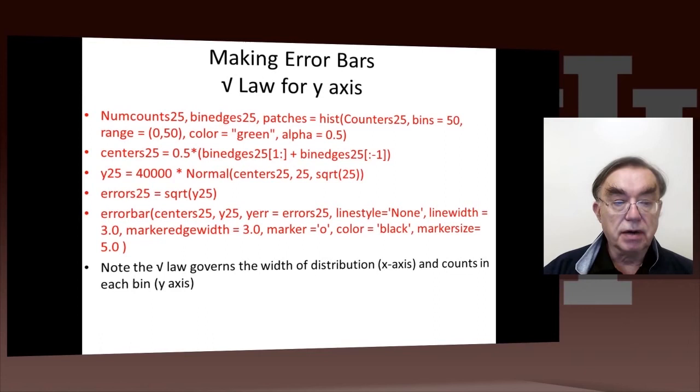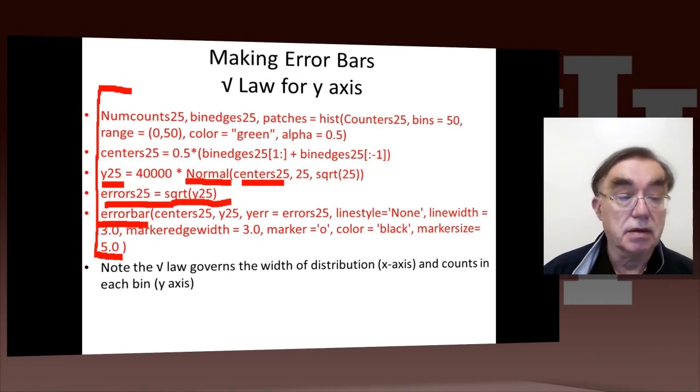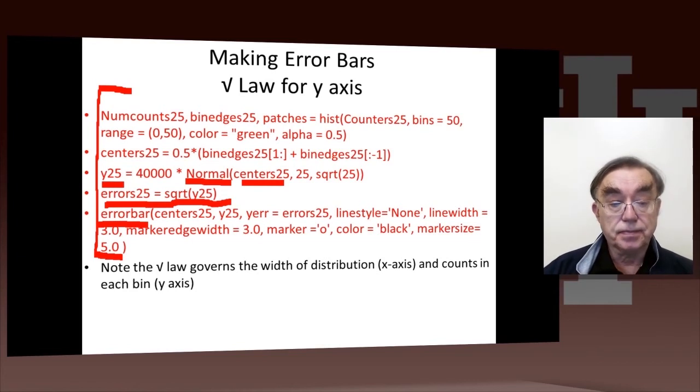This just describes how I produce those error bars using matplotlib and the matplotlib command errorbar. We already showed how we got the red curve, which is y25, the normal distribution times the number of events at the bin centers, and here are the error bars, errors, which is just the square root because the y's are events.